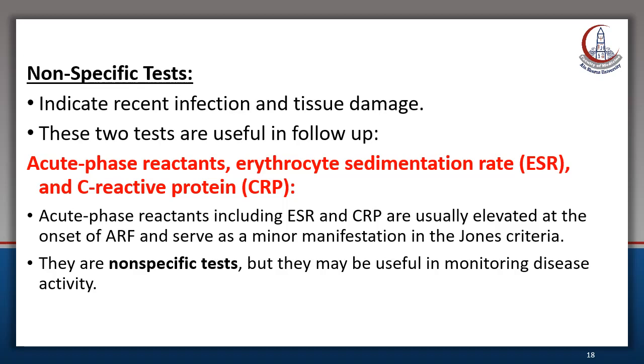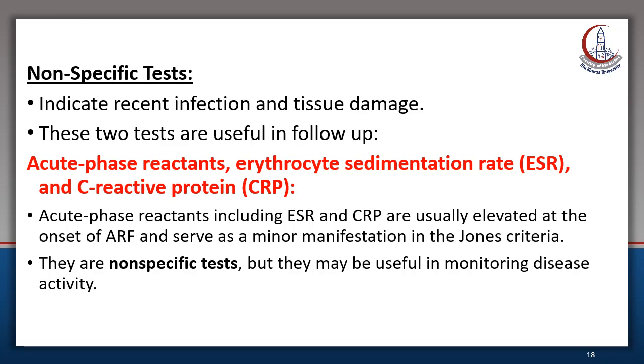Other non-specific tests used for diagnosis of rheumatic fever indicate a recent infection and tissue damage. They are non-specific tests; it does not mean that it's a proper diagnosis of rheumatic fever. They are positive in recent infection and in any tissue damage. They are useful in follow-up of acute phase reactants.